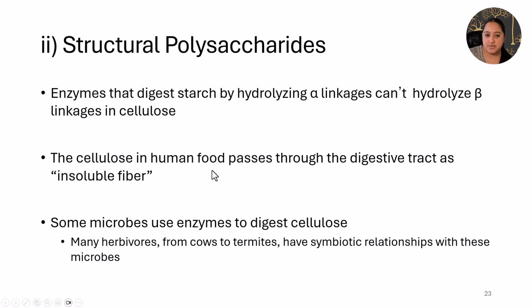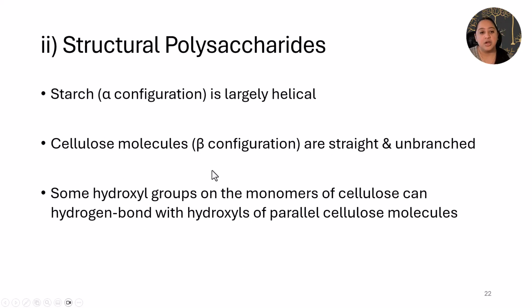I guess there's not really a picture for that. Okay, so starch, because it's the alpha configuration, exists more as a helix. And in cellulose molecules, which have that beta configuration, that makes it straight and unbranched.